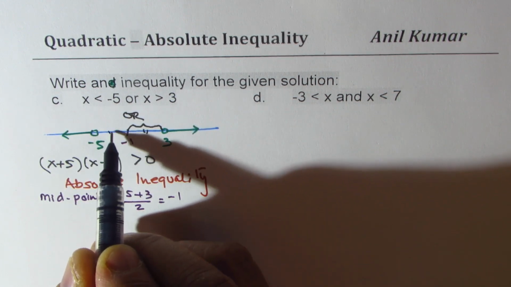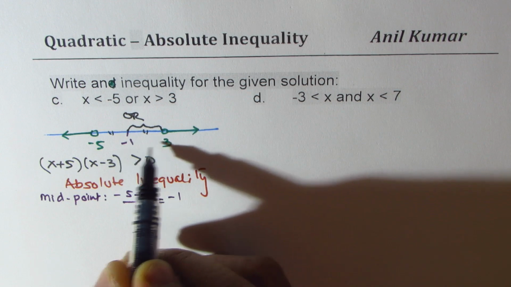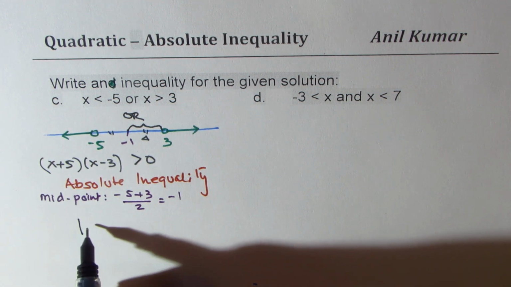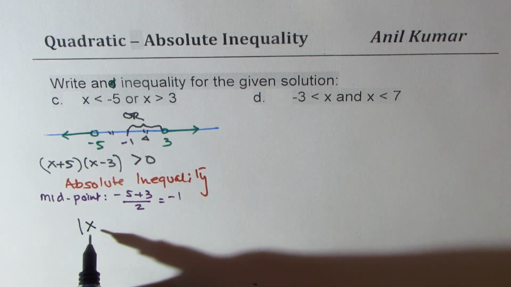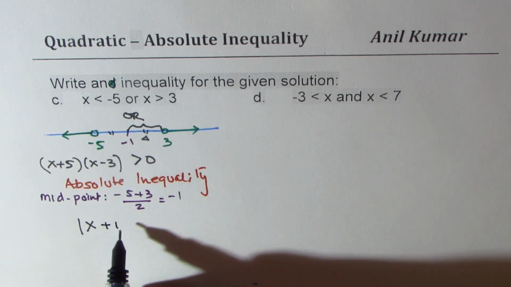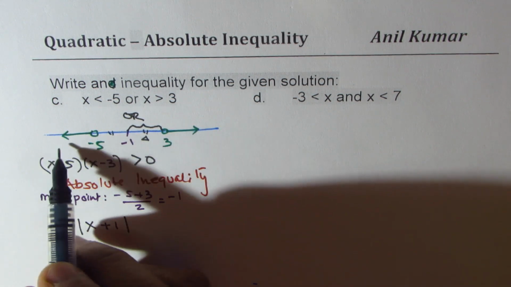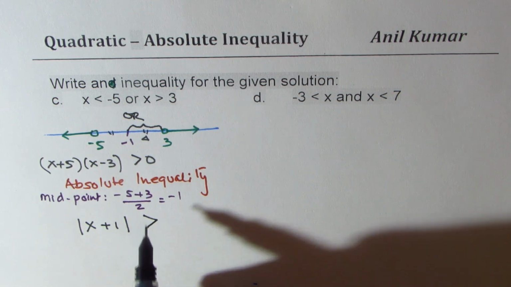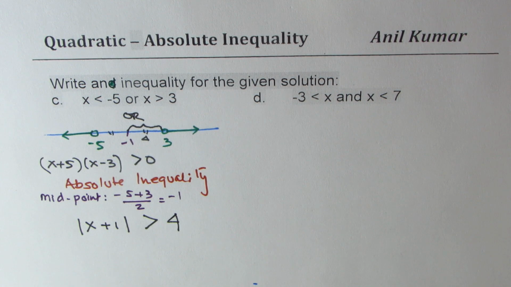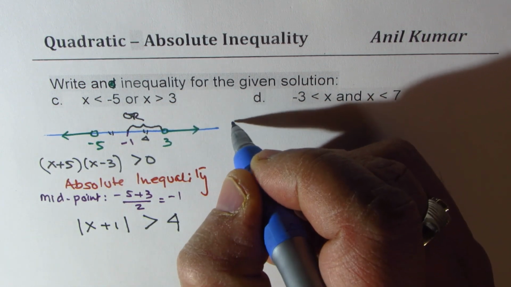Well, this distance is the same as the other distance, and it is 3 minus minus 1, which is 4 units. Since it is 4 units, we could write our absolute function as absolute x minus, means moved 1 unit left, so we'll write plus 1. And since it is going away, we'll say greater than, and the value is 4. So that becomes the equation, rather inequality, whose solution is given to us. So I hope these steps are clear to you, right? It's kind of tricky, but very useful.